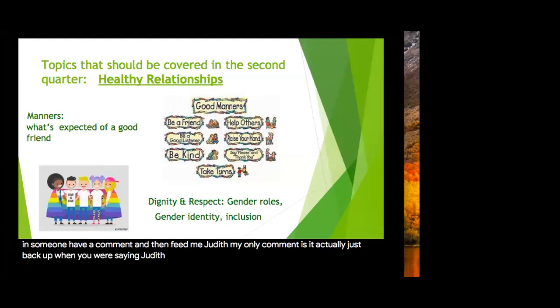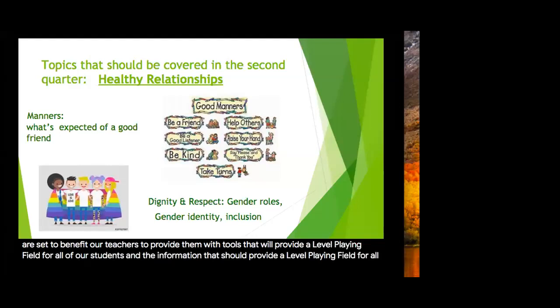You know, the PDs that we create and we design are set to benefit our teachers, to provide them with tools that will provide a level playing field for all of our students.